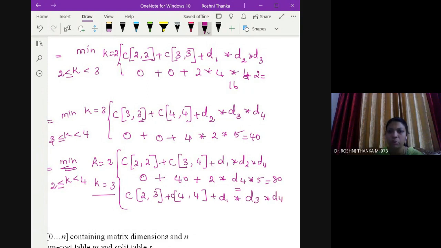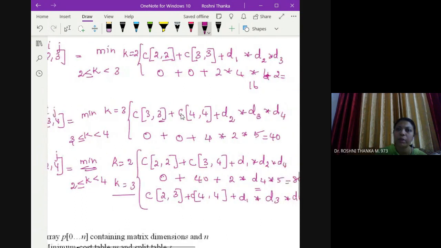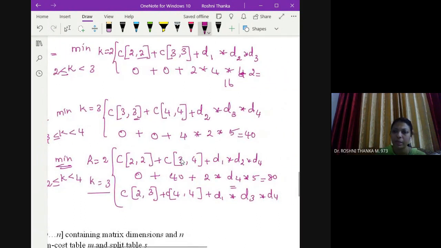So if you substitute 2 comma 3, what is the value of 2 comma 3? Already we found the value here is 16. So we'll apply it. 16 plus, here it is same, so 0, plus, what is d1 value? It is 2, d3 value is 2, and d4 value is 5, and if you multiply and add, you will get the answer as 36.